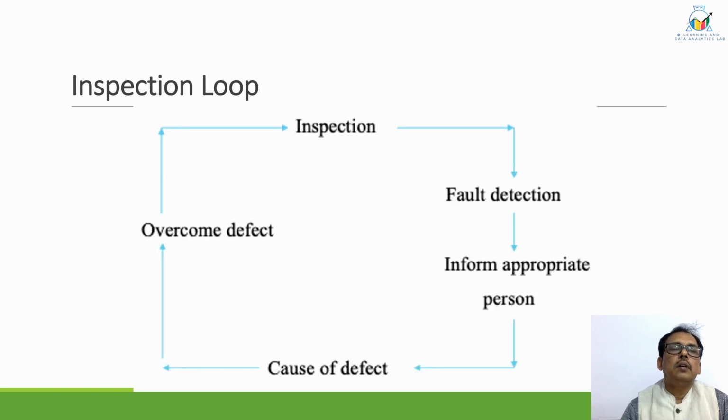This is the inspection loop. The inspection, then fault detection, then inform the appropriate person, the cause of the defect, and overcome the defect.